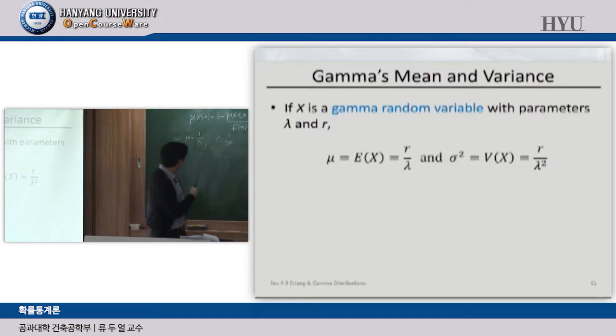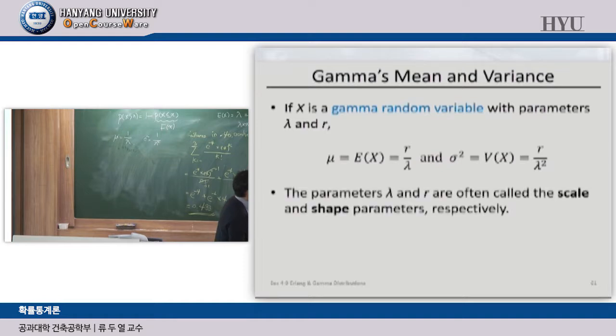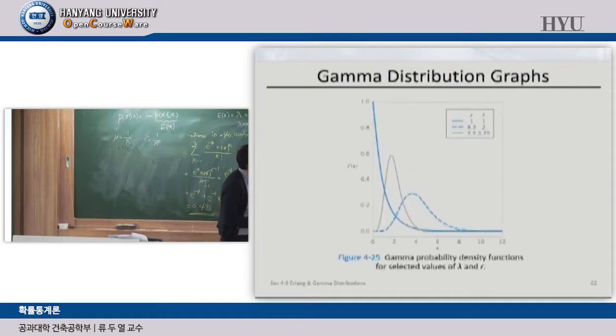So based on this exponential mean and variance, we just can multiply the r. This is the number of successes, okay? So we can simply use these equations to calculate the gamma's mean and variance. The parameters lambda and r are often called the scale and shape parameters, respectively.